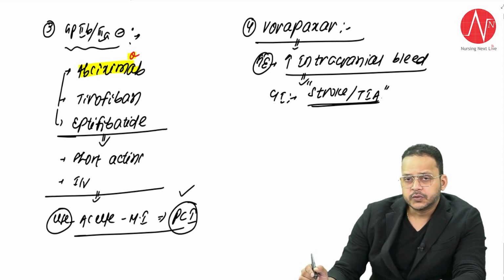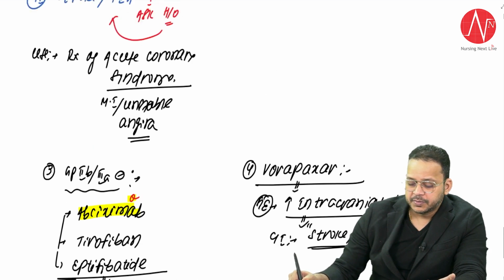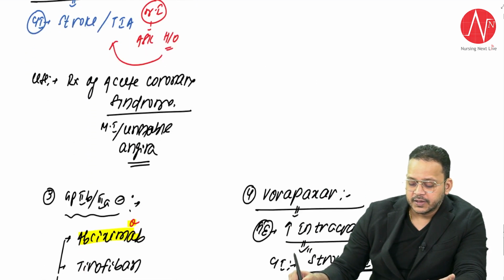In patients of stroke and transient ischemic attack, Vorapaxar is contraindicated. So it is just similar to Prasugrel. Remember, we discussed the drug Prasugrel.